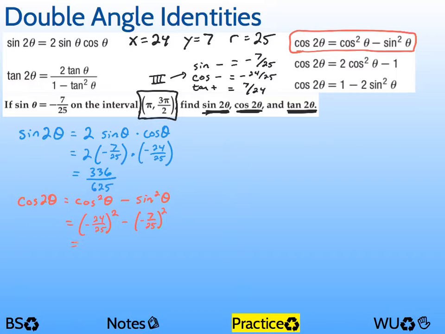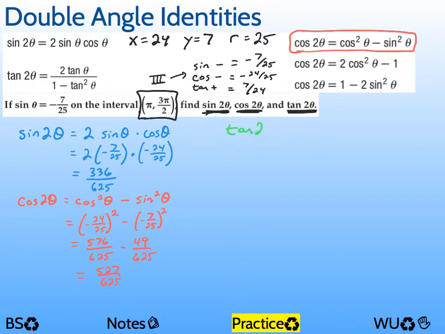So when you square these, you'll get 576 over 625 minus 49 over 625, which gives you 527 over 625.